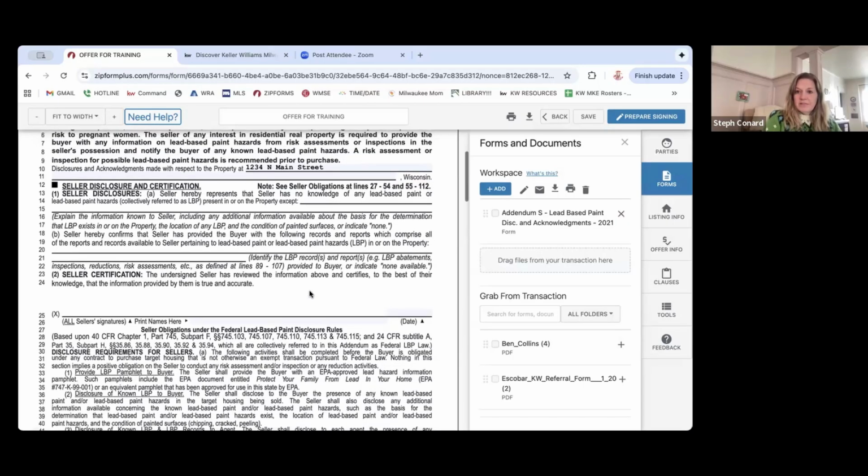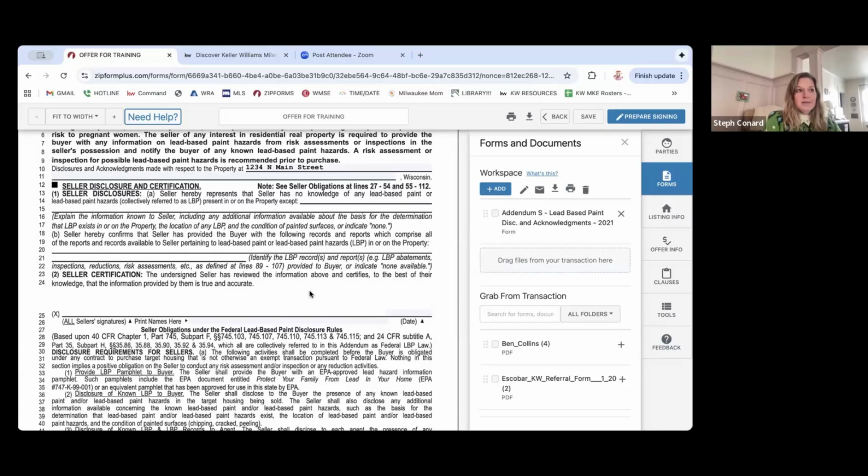You might have the sense that I'm speaking to a specific case that is something that has come up for us where we were representing a seller. They had a knowledge of lead-based paint, and we were told about this lead-based paint, and we did not disclose it.